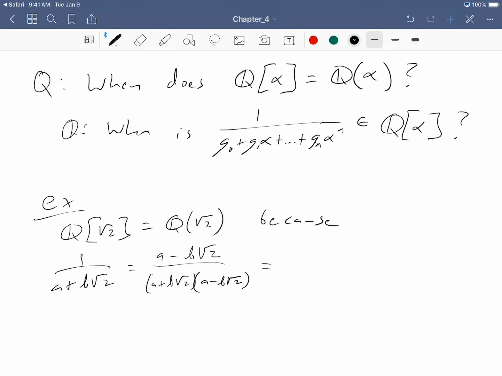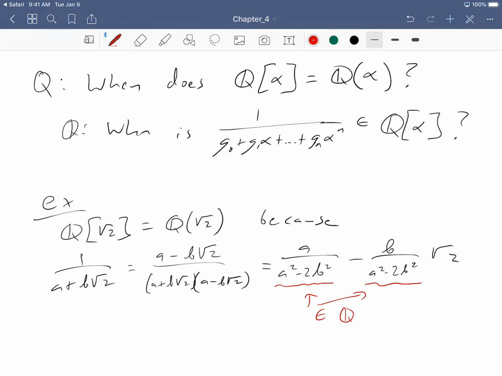We can rationalize the denominator like this. And what we get is a over a squared minus 2b squared minus b over a squared minus 2b squared times root 2, where these coefficients here are in Q.